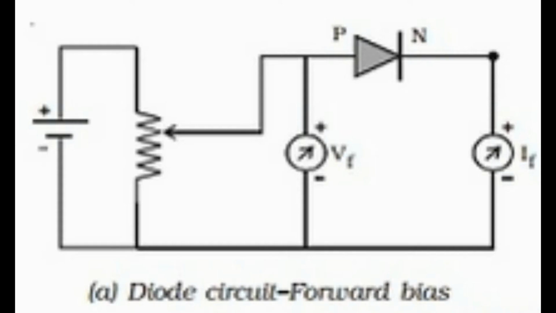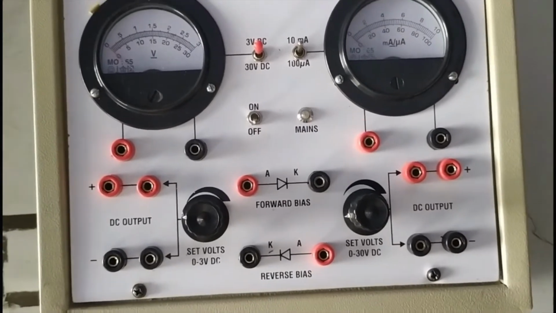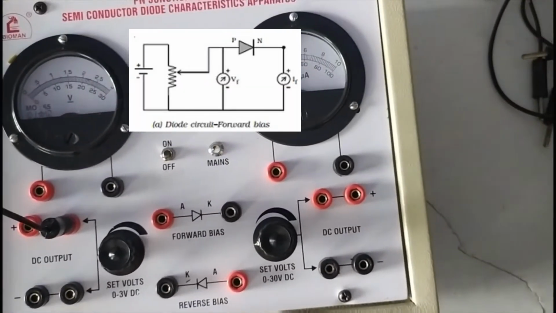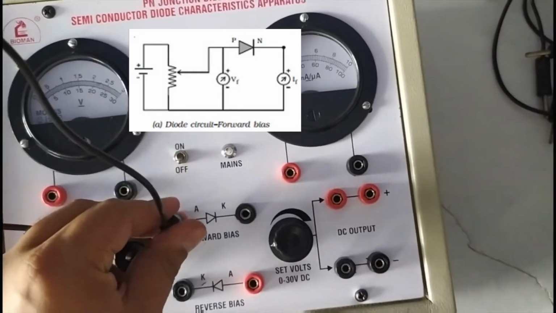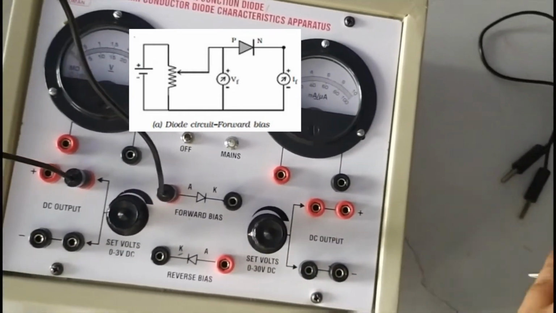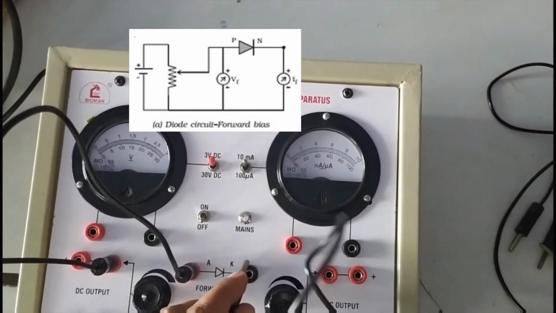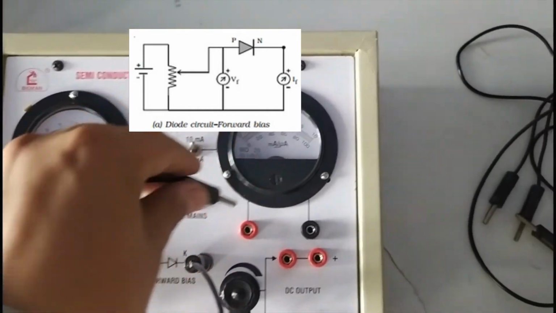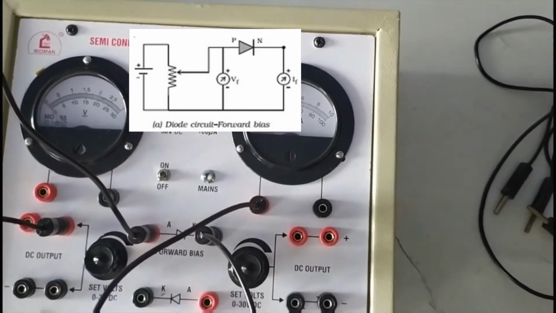We will follow this circuit diagram in order to establish connections. Following the circuit diagram, we are connecting the devices. Here, black terminal indicates the negative terminal of device and red one indicates the positive terminal of device.